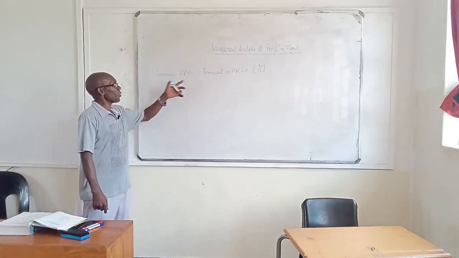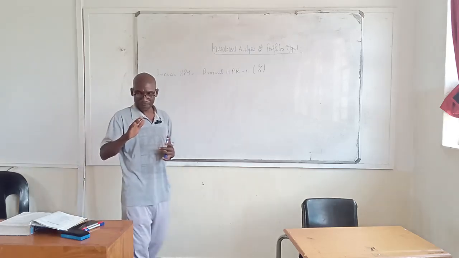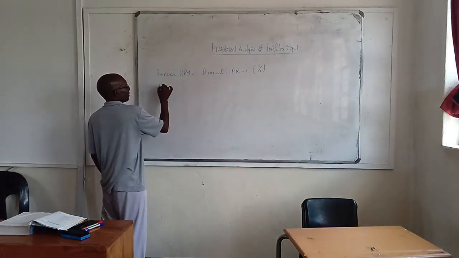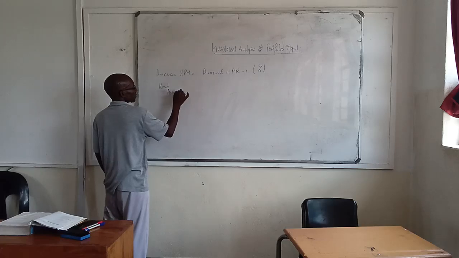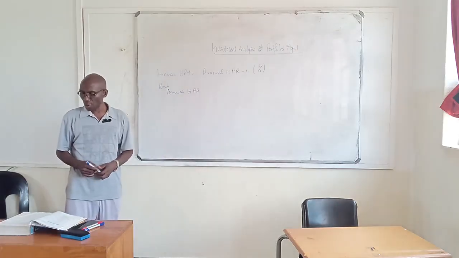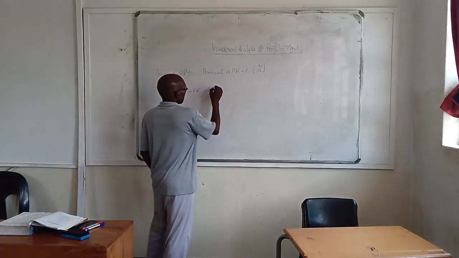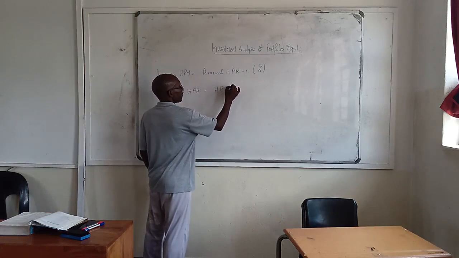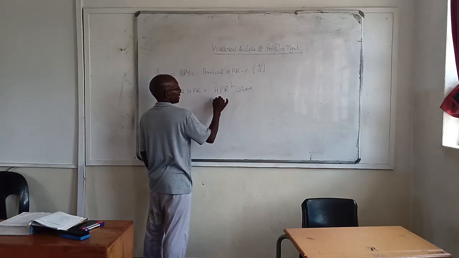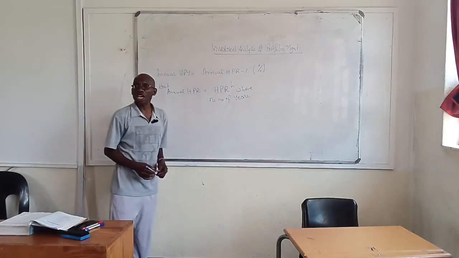But now, what is this annual HPR? I think you have to understand what I'm trying to say here. If you want to get annual HPR, it is the same as HPR to the power 1 over n, where n is the number of years the investment is held.